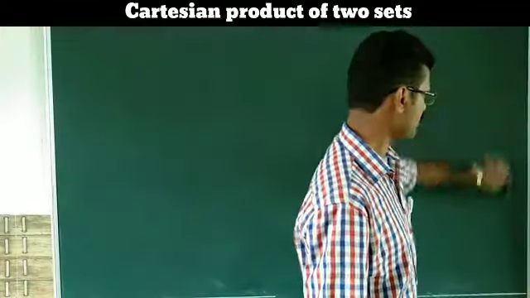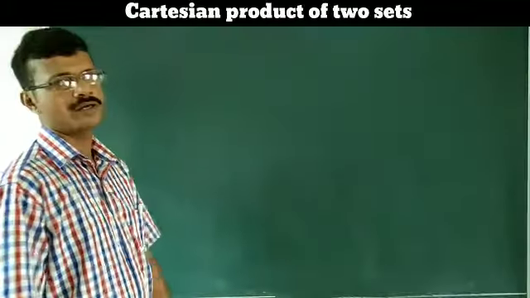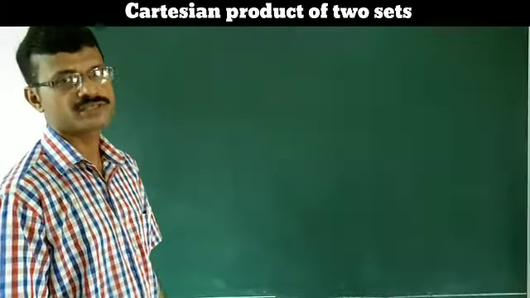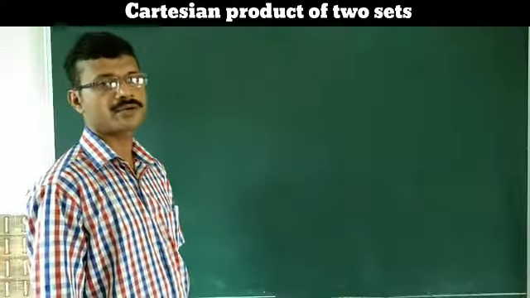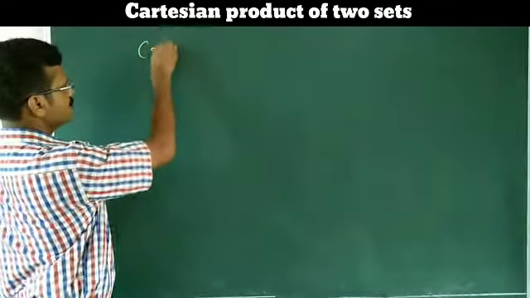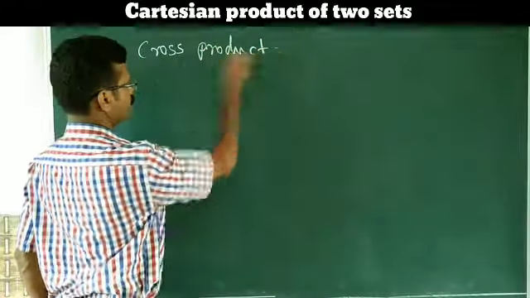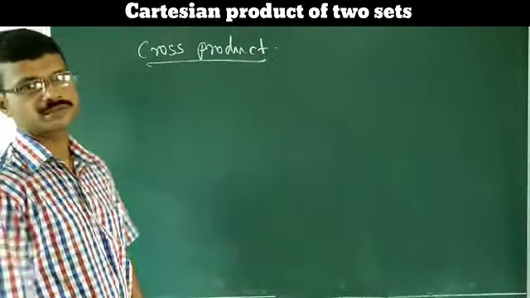Now in standard 11 level, we will come across the product between two sets, that we will say Cartesian product or cross product. So what is that I am going to say? This is new for you, the cross product, that is the product between two sets.